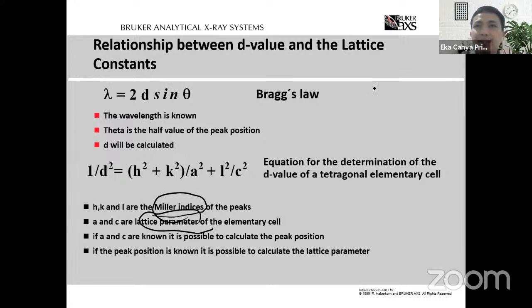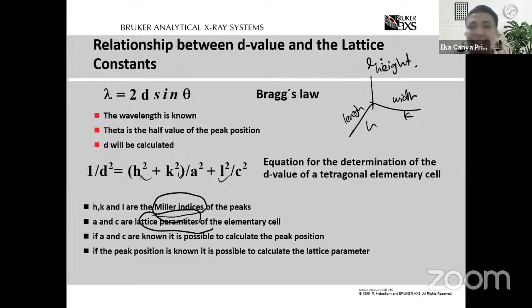Like in a room there are length, width, and height, right? But in an atom, we do not call them length, width, or height; we call them a, b, c or H, K, L. This is H, this is K, and this is L. This is also the relation between the distance between atoms in the lattice, reflected in HKL, which we call the Miller index.